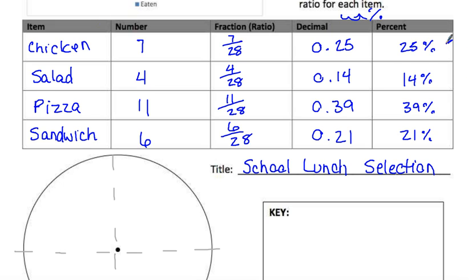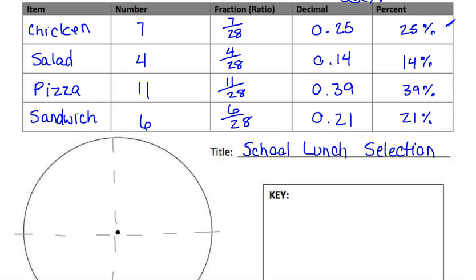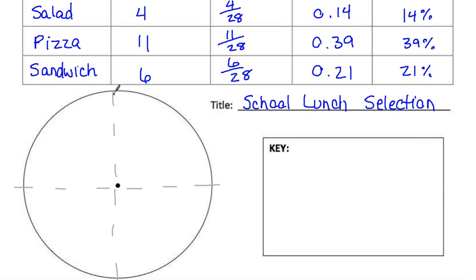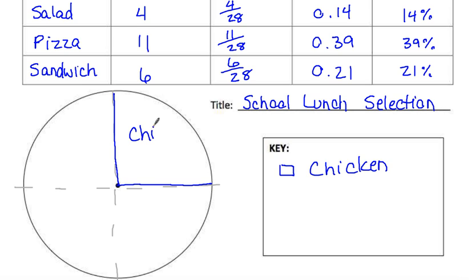Well, this one is. Chicken nuggets is a perfect 25%, which is one of those L's. So this is going to be chicken nuggets right here. I'm going to put it over here. Chicken. And that's 25%. You can color it.